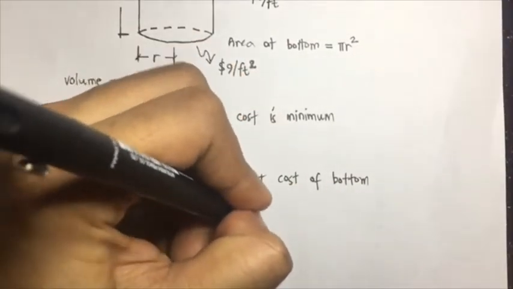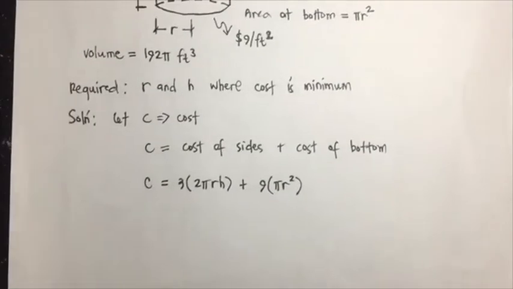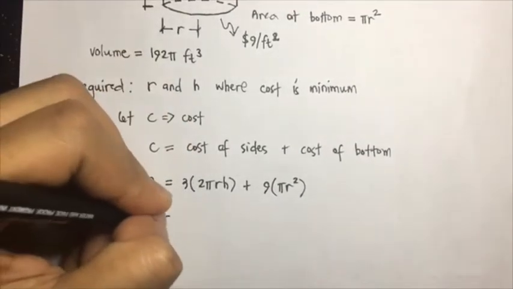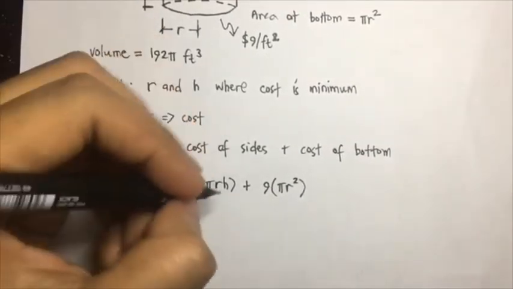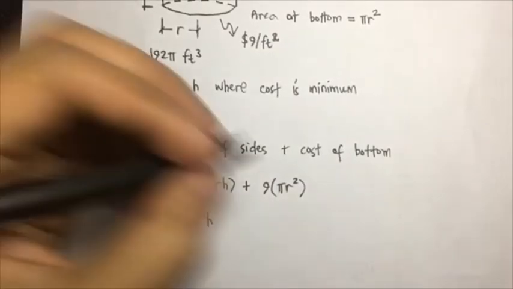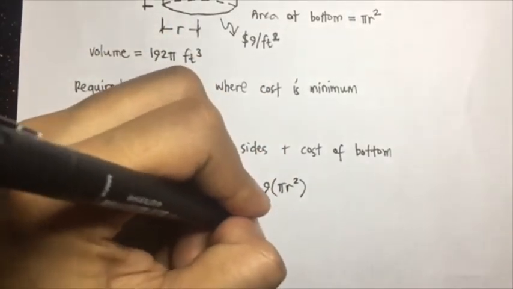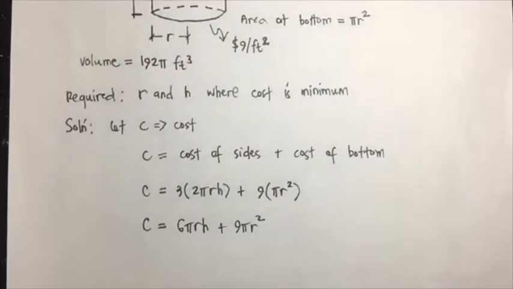So it's 9 times pi r squared. If you simplify, 2 times 3 is 6 pi r h plus 9 pi r squared.